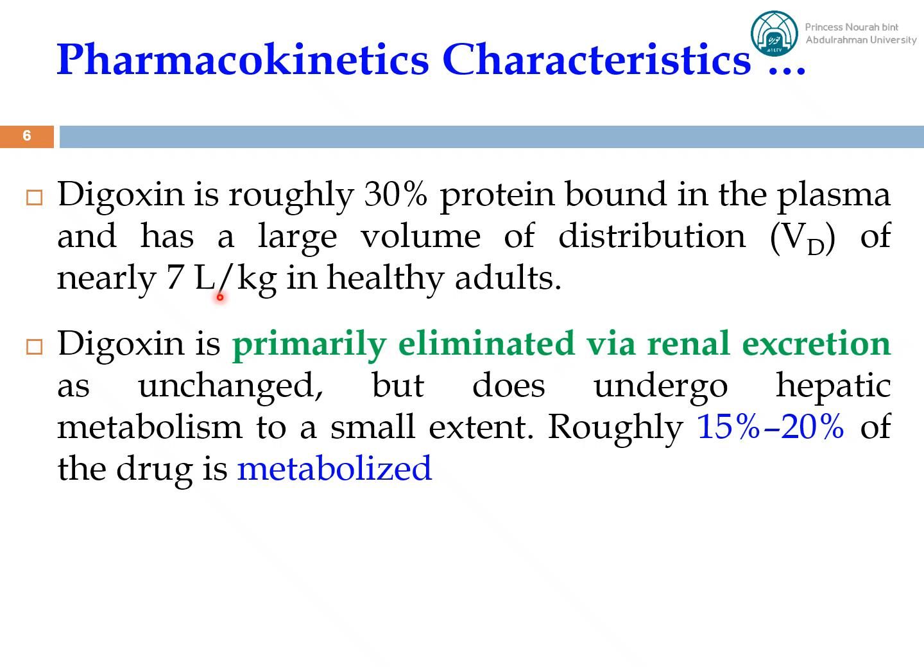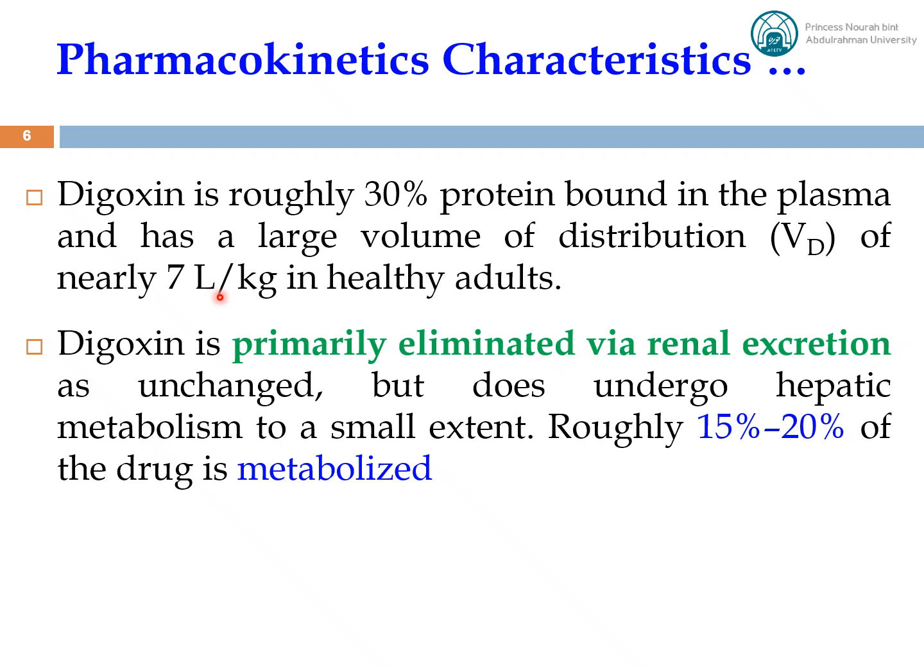Once it's distributed in the adipose tissue, its removal back to the systemic circulation, either for therapeutic responses or for elimination and excretion outside the body, takes a very long time. Also, it is 30% protein bound in the plasma.